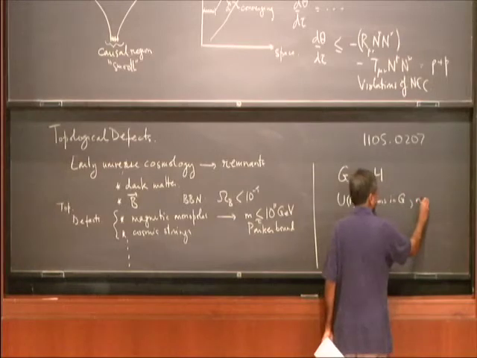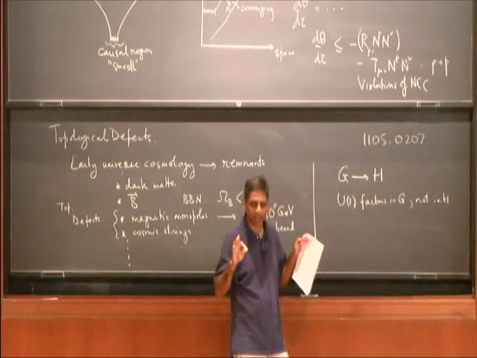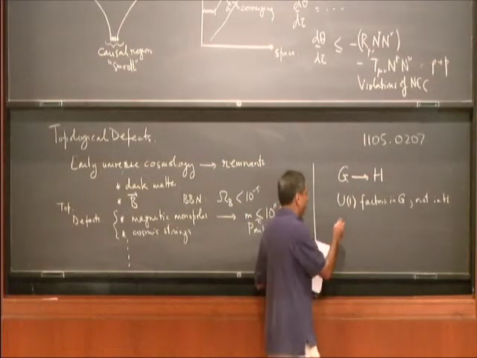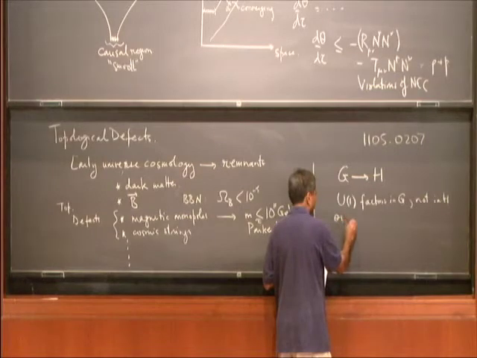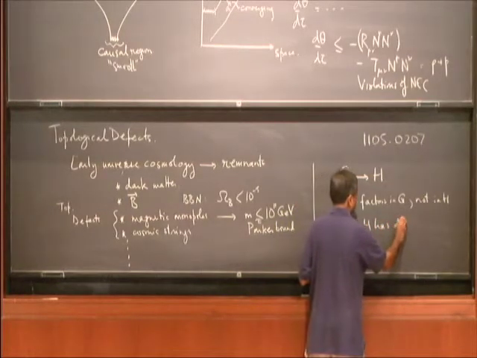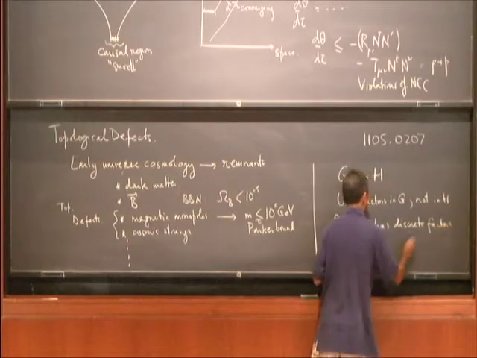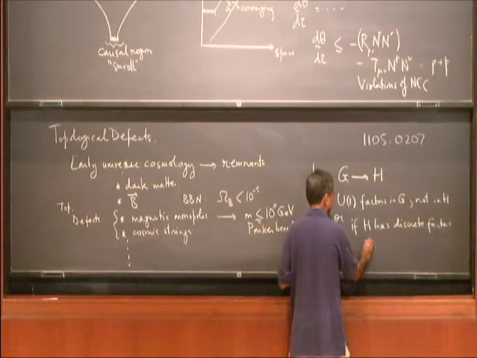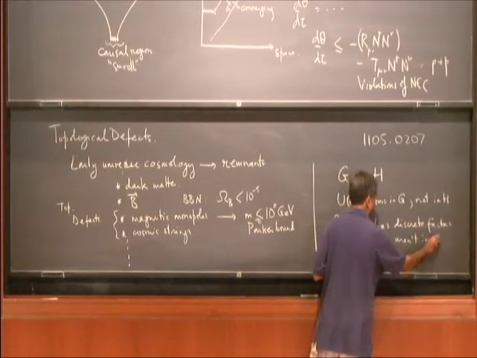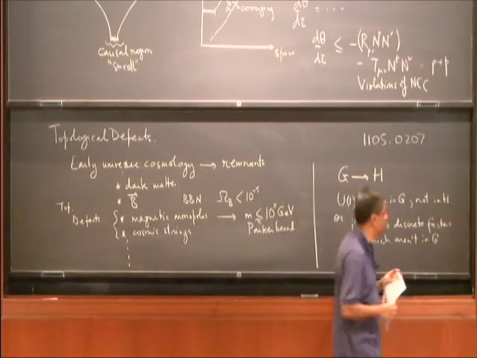This is one red light that you should look out for strings. Or if H has discrete factors which aren't in G, then you should also be alert for strings.